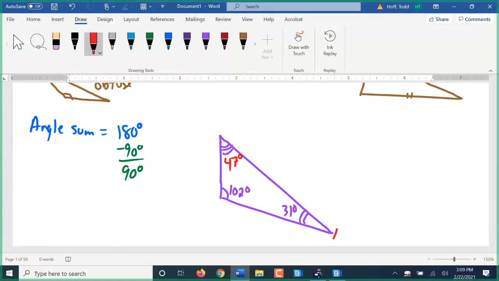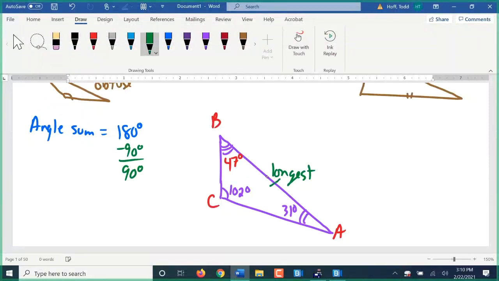Now, if I label my angles A, B, and C, which side has to be the longest? BC. Why is that the longest side?